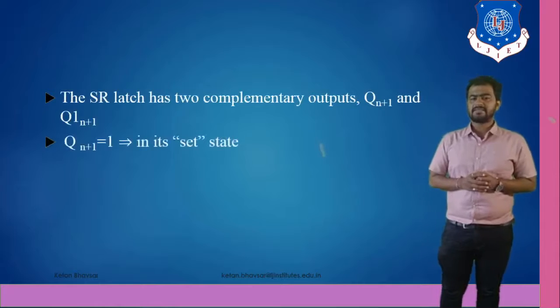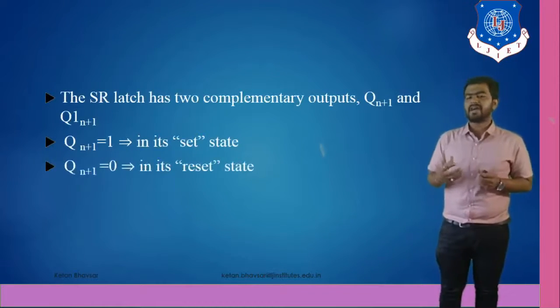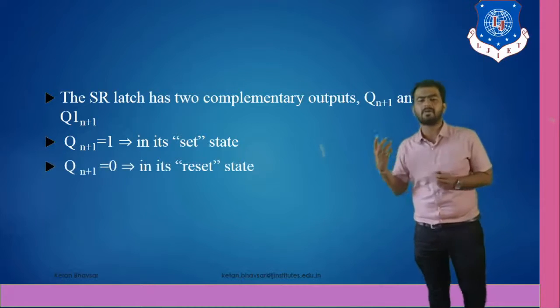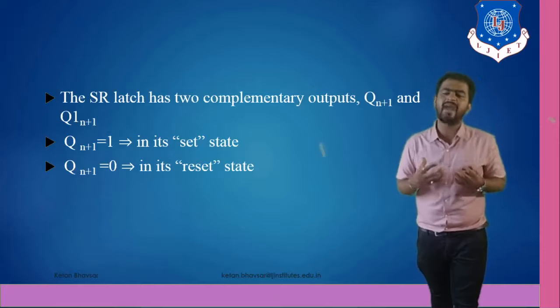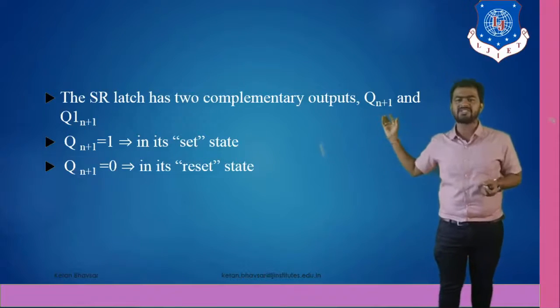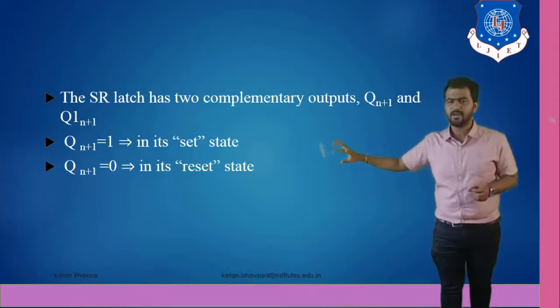Now, as you can see, the SR latch has two complementary outputs, Q and Q bar. In some PPTs or books you can see Qn plus 1 and Q bar n plus 1. You can just assume that Qn plus 1 is equal to Q and Q bar n plus 1 is equal to Q bar. Fine.